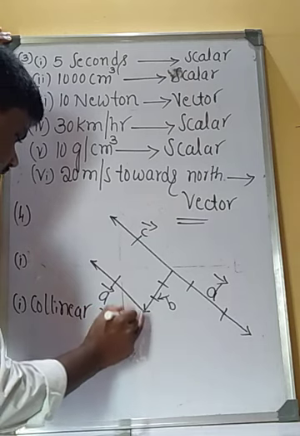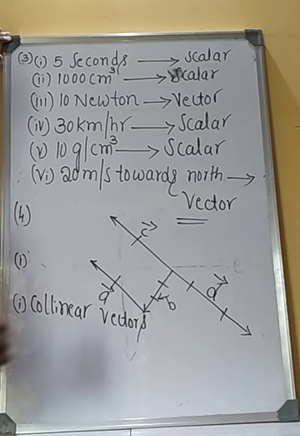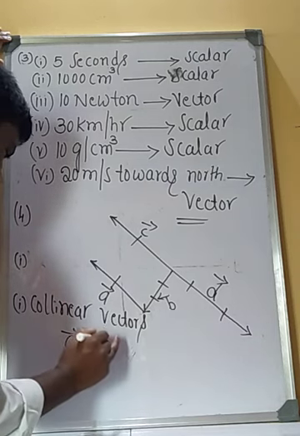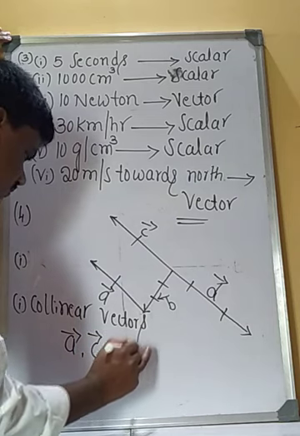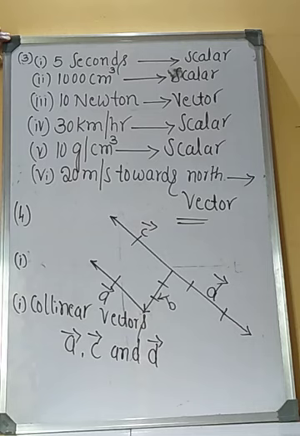Here the collinear vectors are vector A, vector C and vector D. Vector A, vector C and D are collinear vectors.